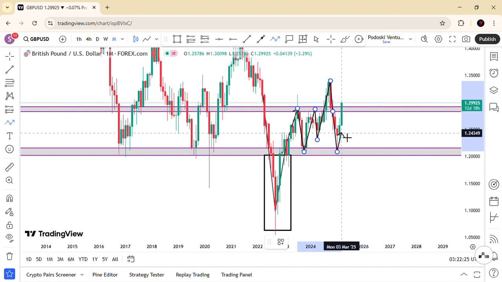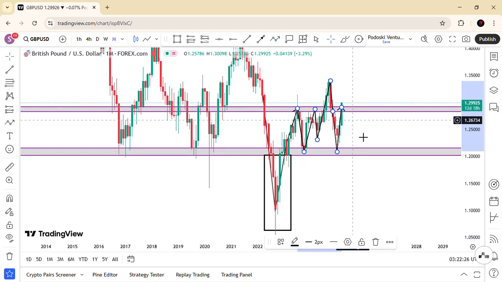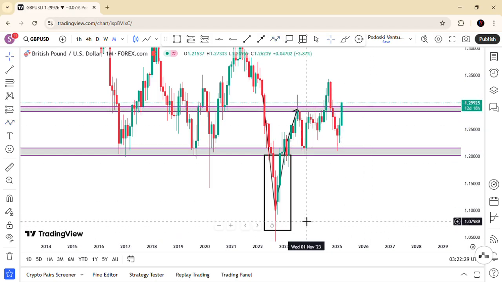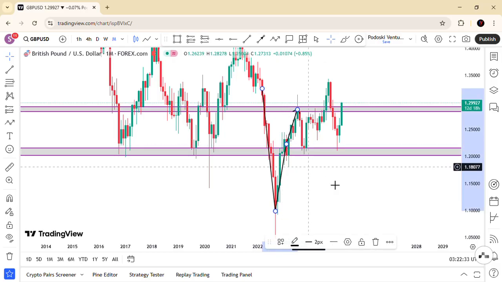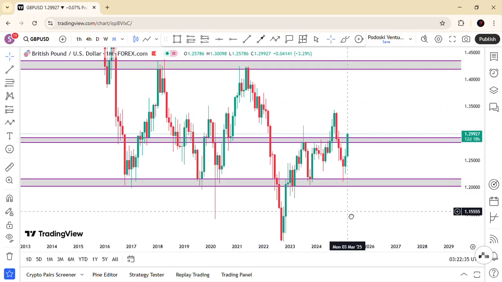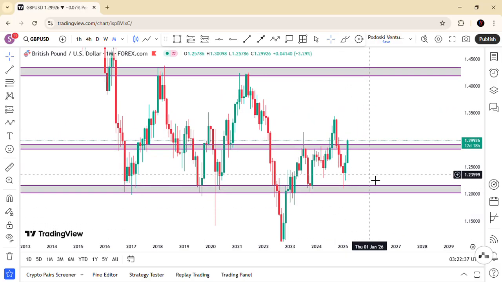Right now we are currently in a buying market. So in a buying market or an uptrend, what do we look for? We look for buying opportunities.